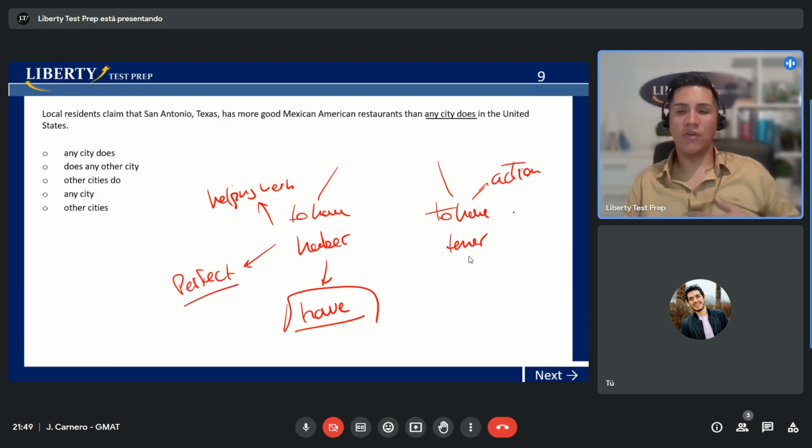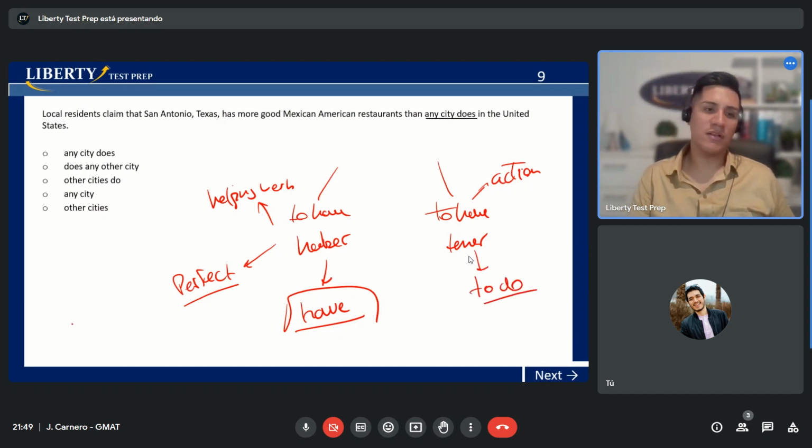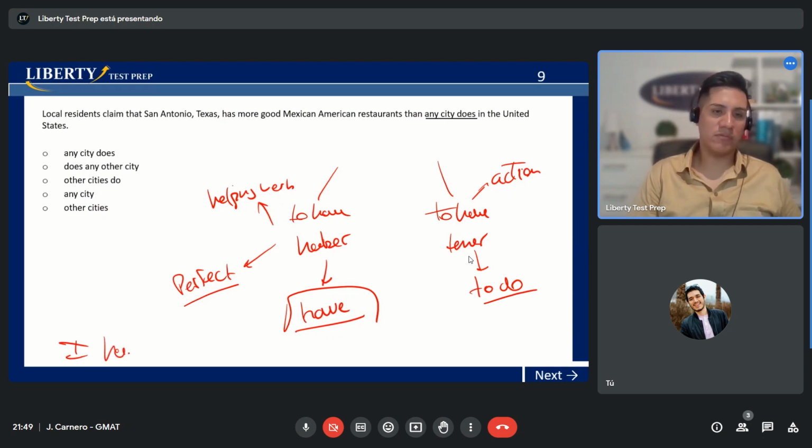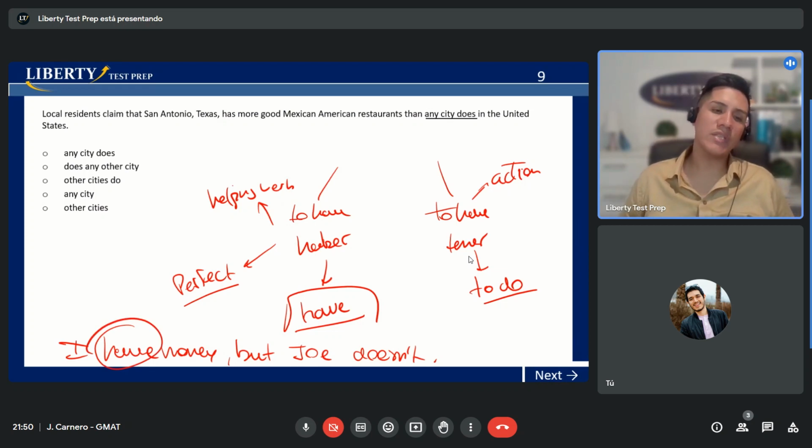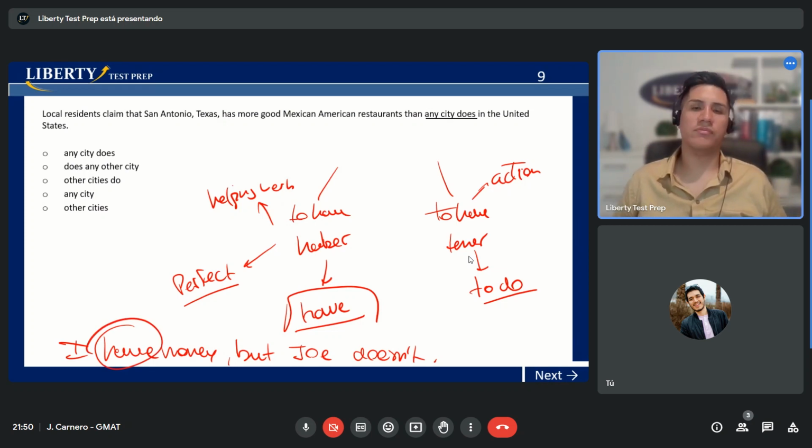The other half, having something, tener, is an action, so it gets replaced with to do. If I say, I have money, I have to say doesn't. Why? Because this have is not a helping verb, it's just a have of action. Have of action gets replaced with do.